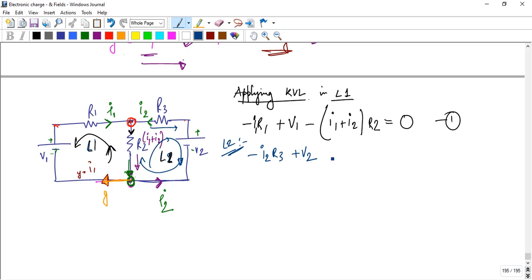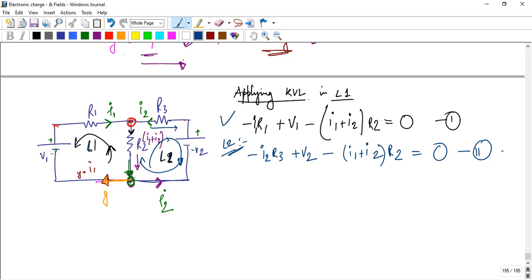That's a minus. Minus I1 plus I2 times R2, that is also equal to 0. That's equation number 2. Okay, clear?